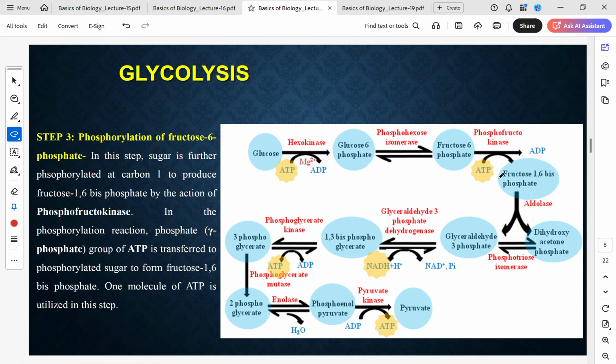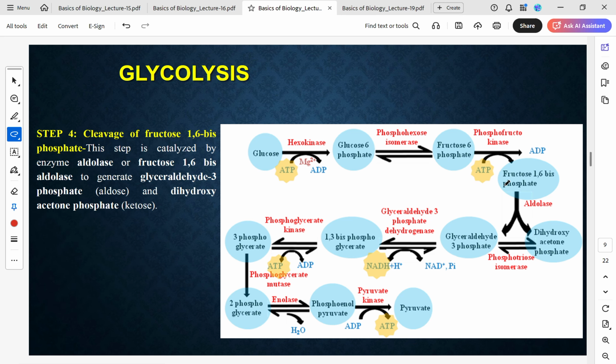Utilizing another ATP molecule, there is addition of one more phosphate moiety into the fructose 6-phosphate, resulting in fructose 1,6-bisphosphate. So one more ATP molecule is utilized here.